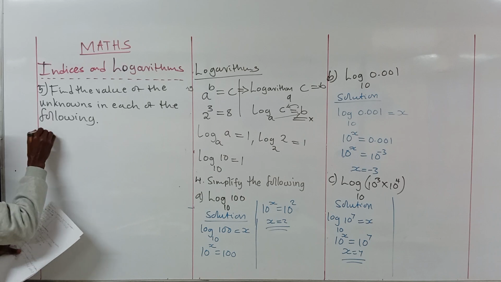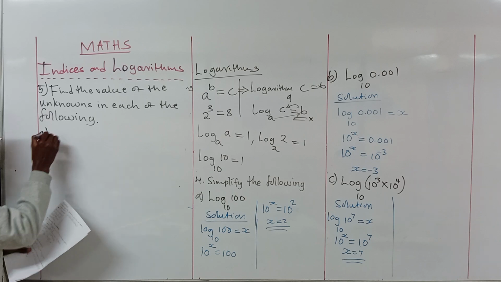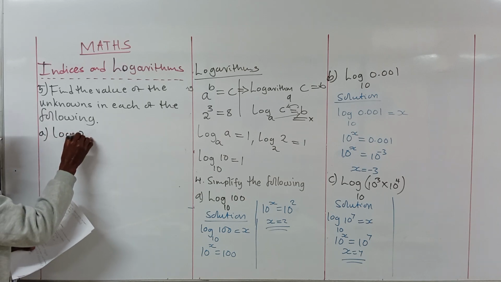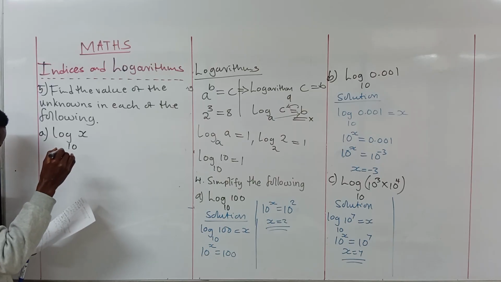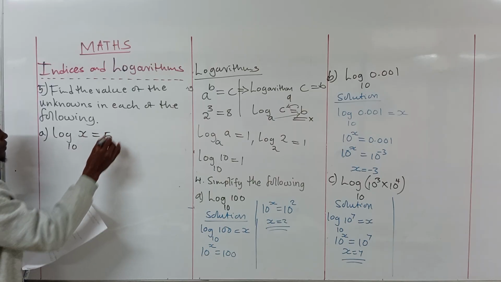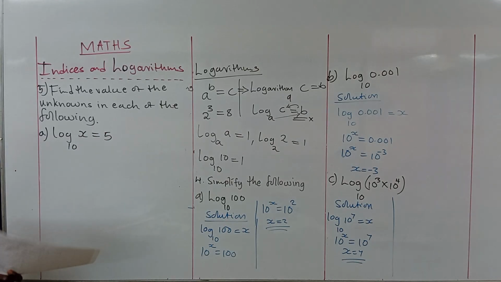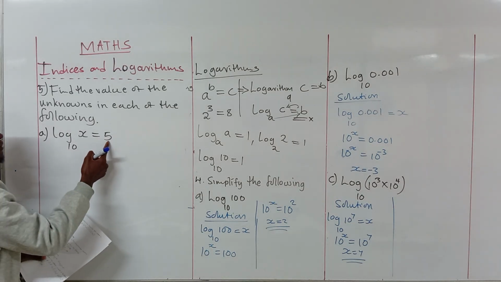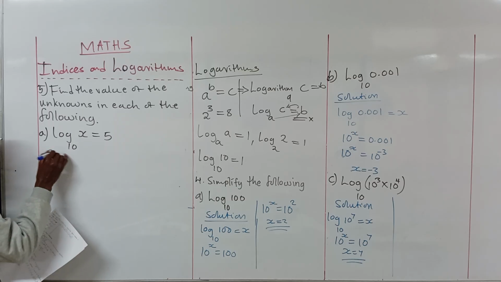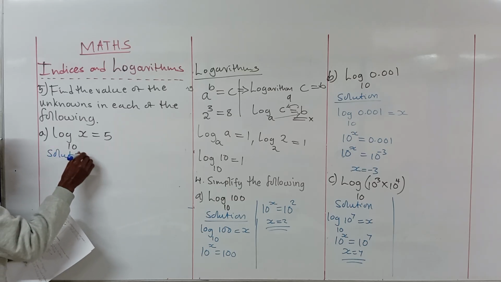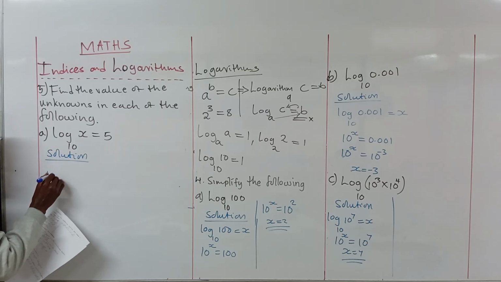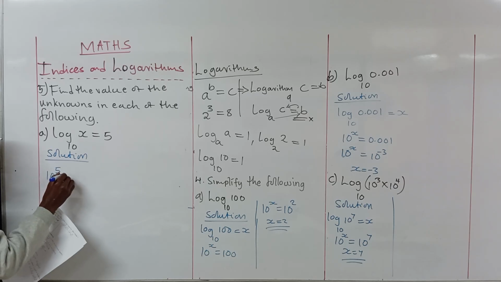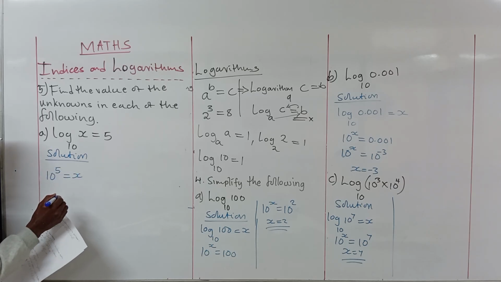So we have part A here. The log x base 10 is equal to 5. We are going to do it similar to what we did. It means that 10 raised to power 5 is going to give us x.